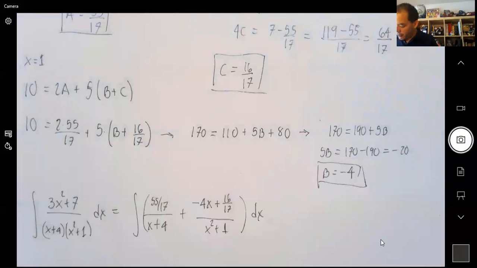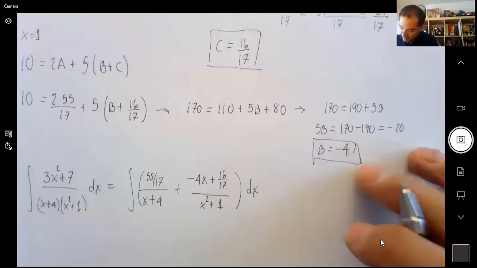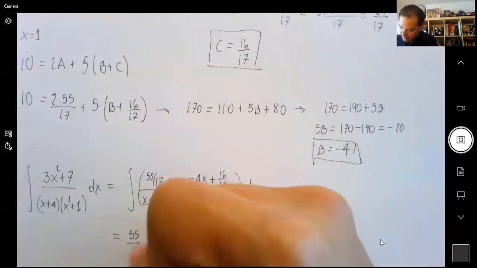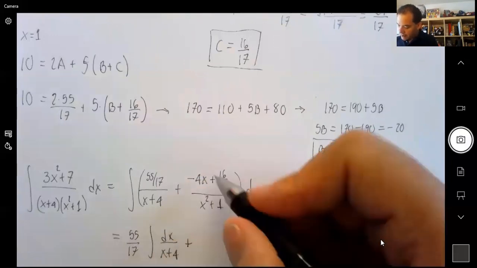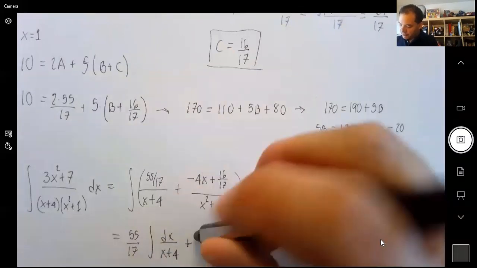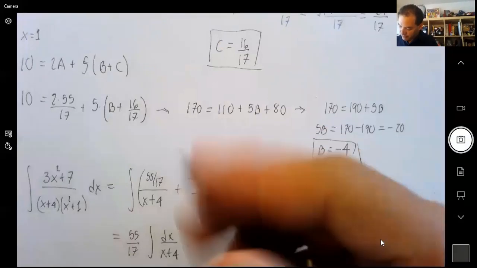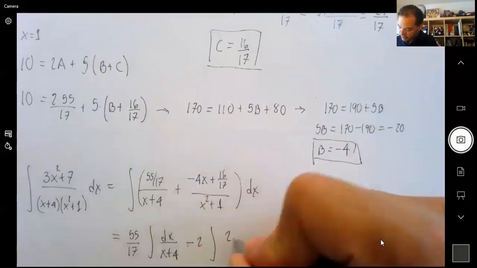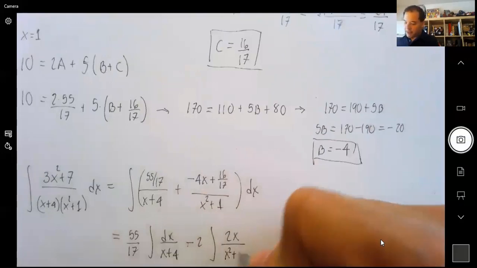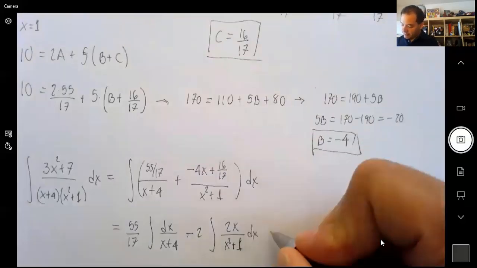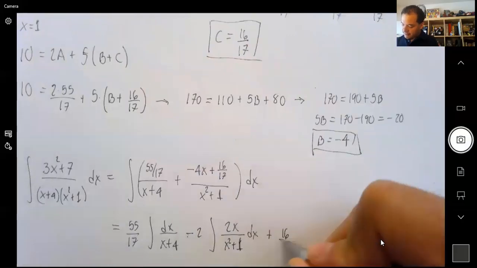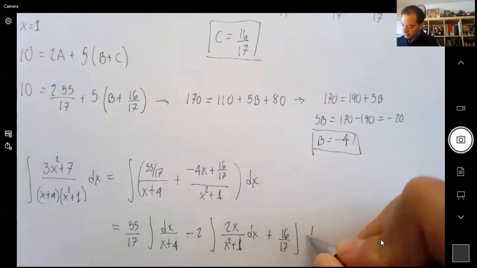The way to do this integral is to further separate it into more pieces. So this one will be 55/17 of dx over x plus 4. That's easy. Then the next one, I'm going to take the negative 2, you'll see in a moment why, and leave the other as 2x over x squared plus 1. I'm doing that because what's the derivative of x squared plus 1? 2x, right? So that's great. And then the last one is 16/17 of 1 over x squared plus 1.